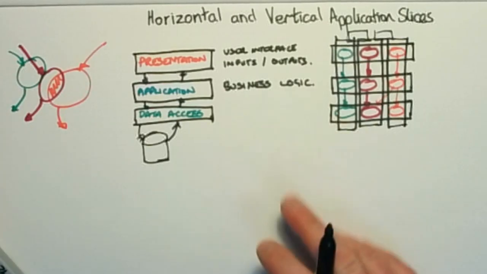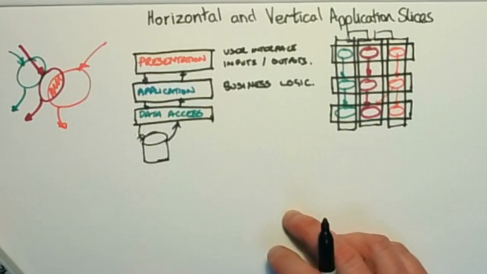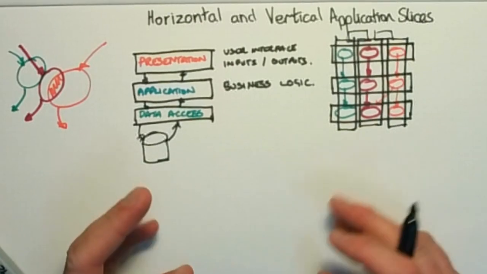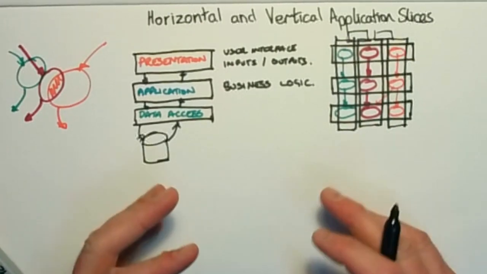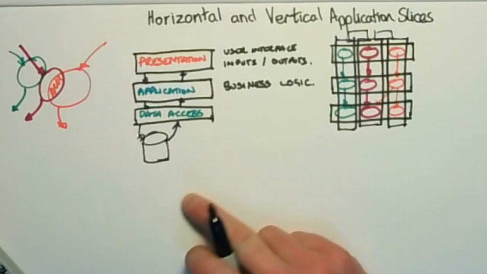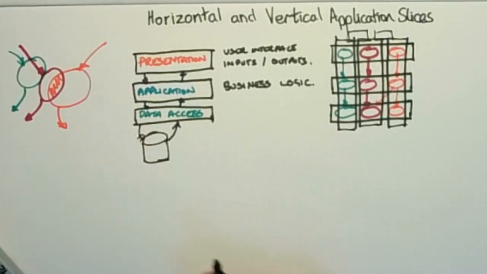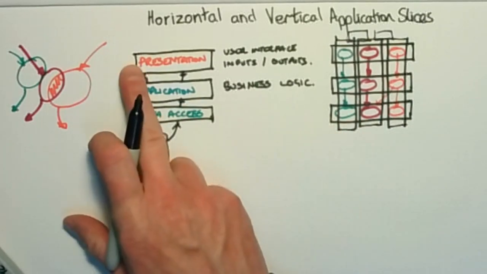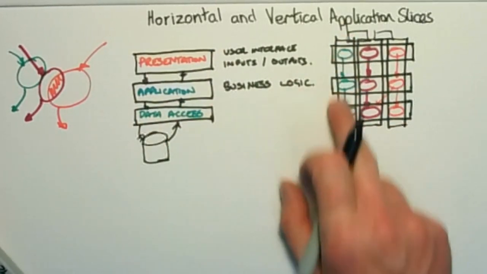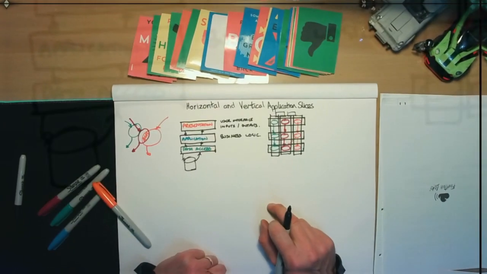But hopefully this simplistic view will give you a start to understand how it all fits together and how you can avoid creating spaghetti code that you'll get if you don't think about it in both your horizontal and your vertical slices of your application.